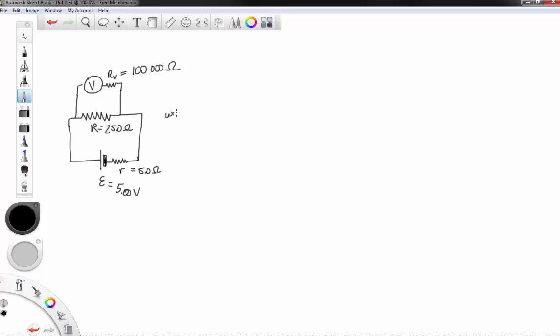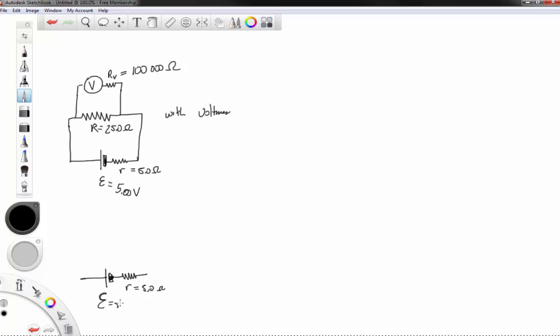Alright, so this is with voltmeter. Without, we basically have something that looks more like this. Here is the internal resistance for the battery, 5.0 ohms.